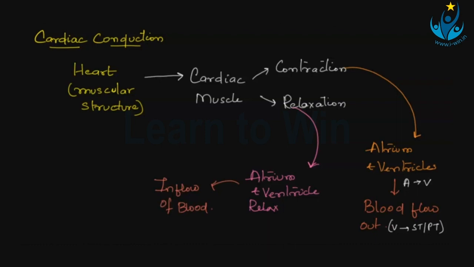When the ventricles squeeze out, the blood will flow to the systemic trunk or the pulmonary trunk. But when the ventricles and atrium are relaxed, when the cardiac muscle is relaxed, then the blood will enter into the atrium and the ventricles will stop sending the blood. Right, so contraction of heart muscles is in turn associated with the contraction of the heart itself.